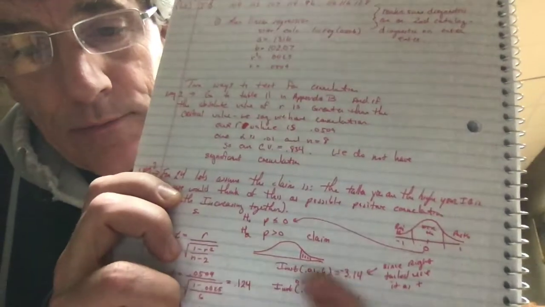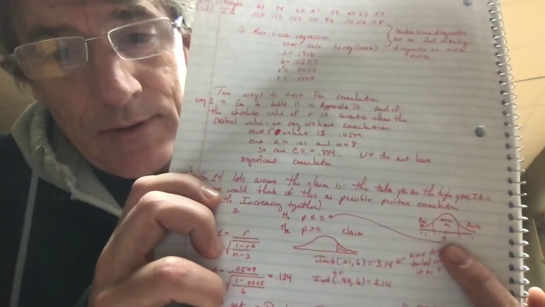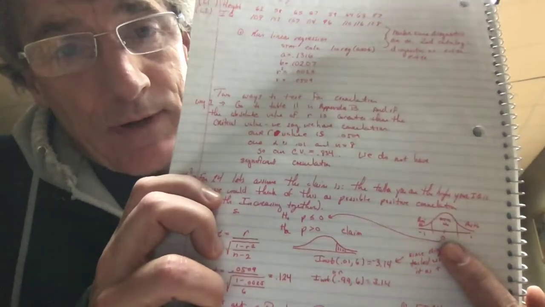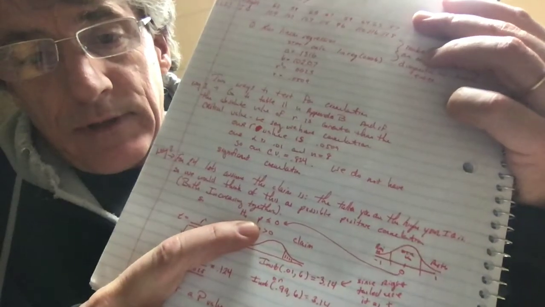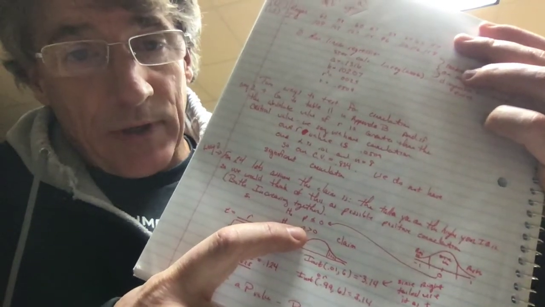If you're going to do it the hypothesis testing way, again, here we have the assumption, or the null, being straddled over the 0. So we take our null hypothesis, rho is less than or equal to 0, and the alternative is rho is greater than 0, for significant positive correlation.